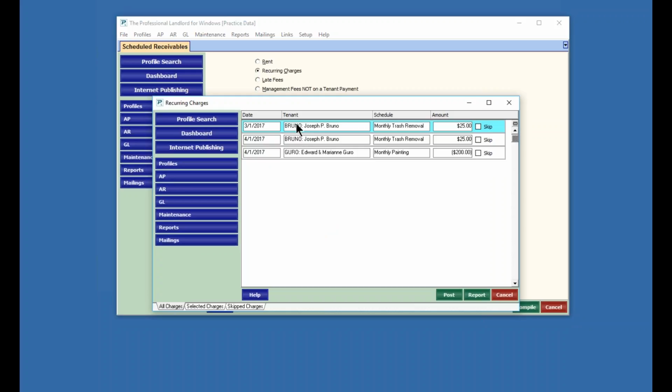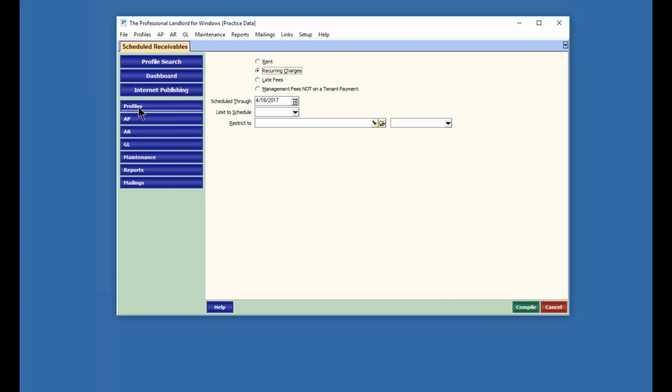Notice that these are the normal charges of trash removal reimbursement. Here's the charge that we put in, and what's going to happen is there's going to be a $200 painting. When we post this, the owner is going to have a $200 expense. So we'll go ahead and post that.